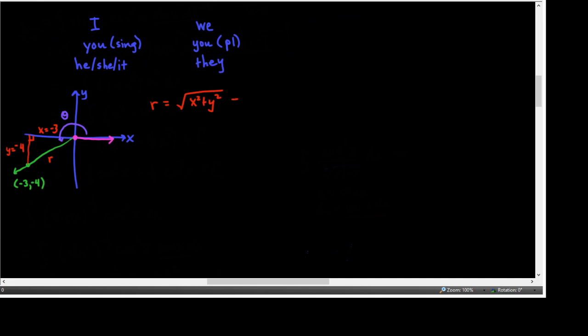Okay, so for this particular problem, this will be the square root of x is -3 squared plus y is -4 squared. That ends up giving us 5, and so r is 5. And the question is, find the values of the 6 trigonometric functions of theta.